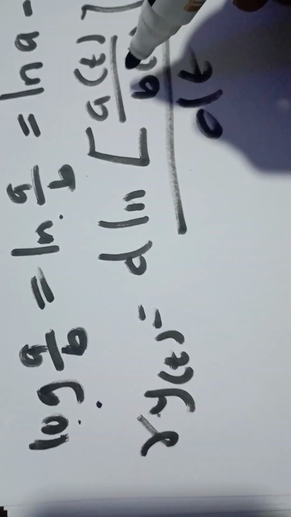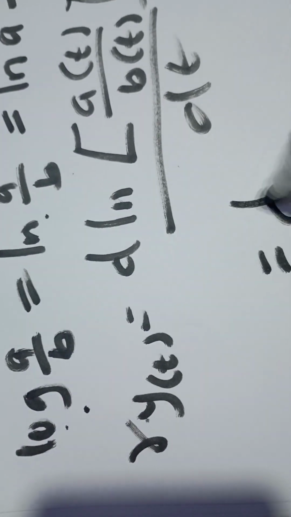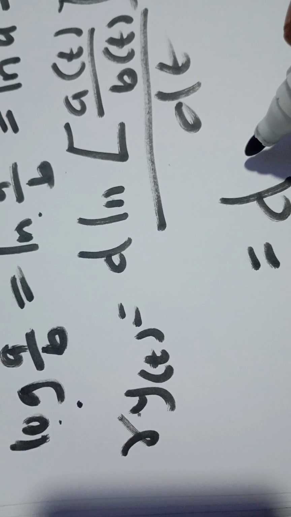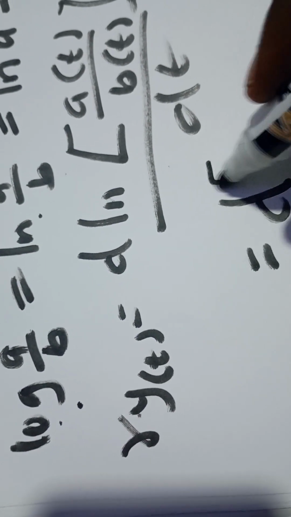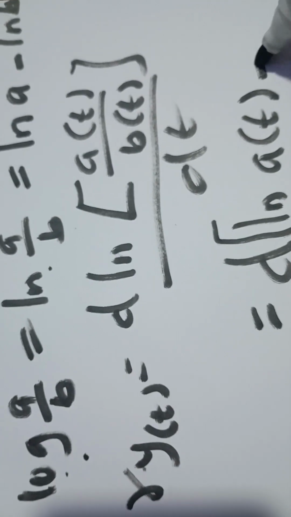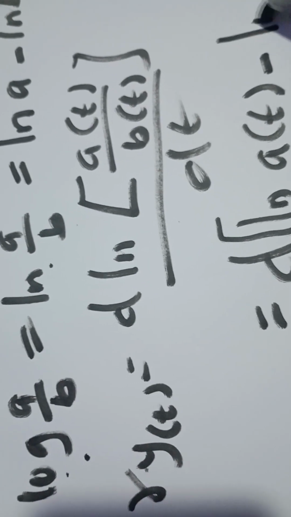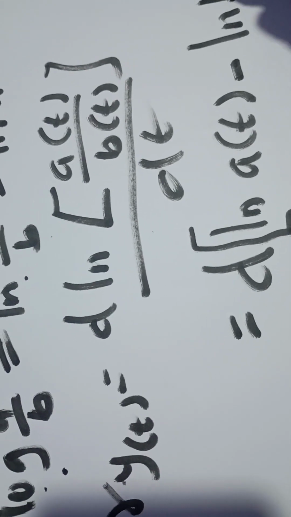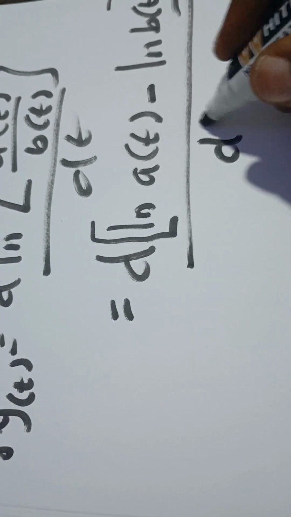So we can rewrite the numerator as, remember this is for all of that, the derivative of ln of a at time t minus the ln of b at time t, all divided by time, that is the derivative of time. Okay, so I just want you to follow back.